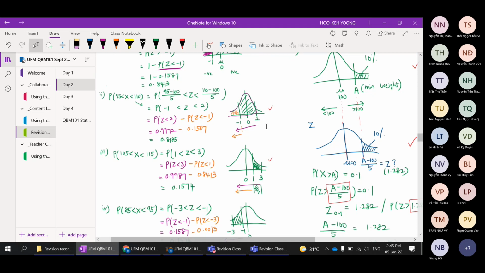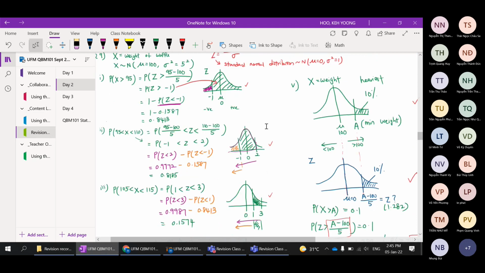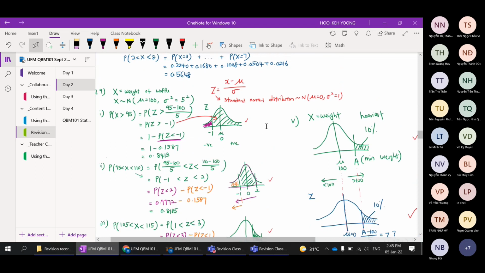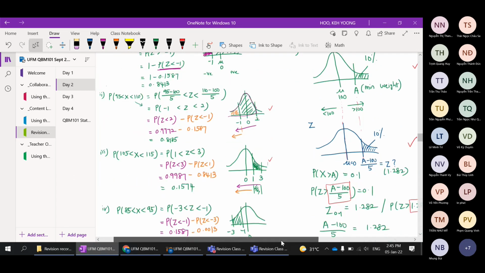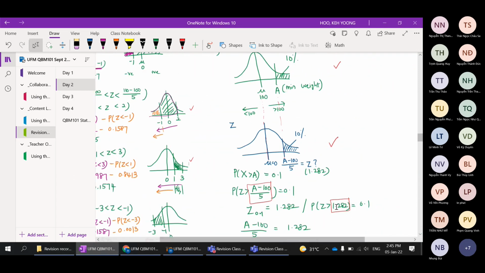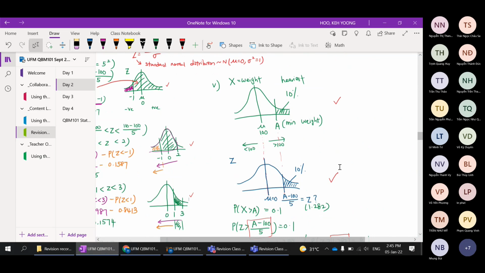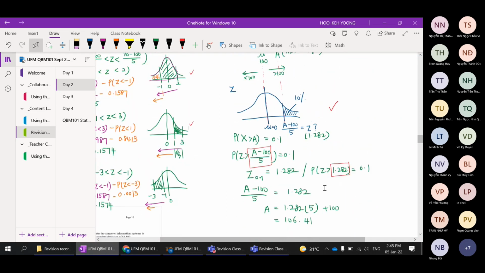For the last questions too, if you don't want to draw the graph, it's fine, as long as you know how to solve the questions.